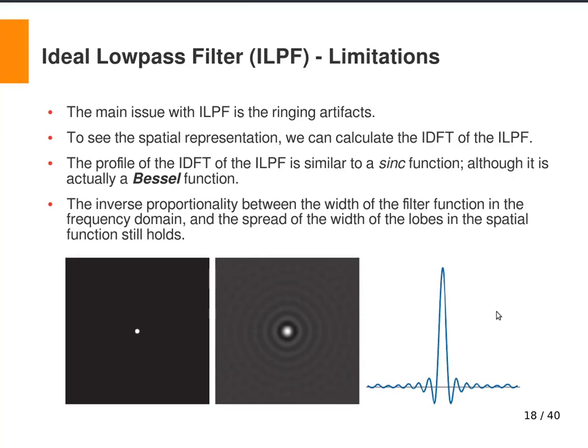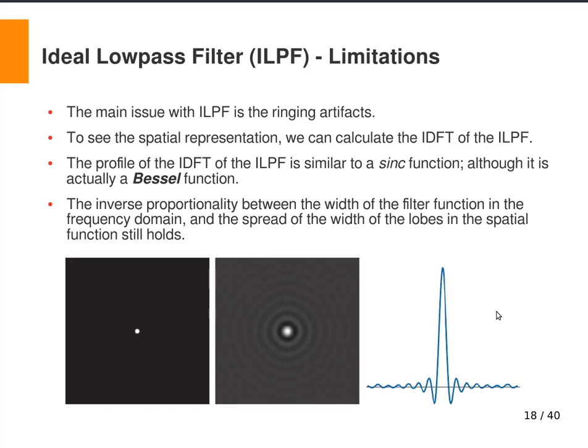So if you remember from the Fourier transform of the box function, the 2D box function, we saw that its Fourier transform is basically a multiplication of two sinc functions. So now if we have a similar shape in the frequency domain, its spatial representation is similar, having zero crossing points.